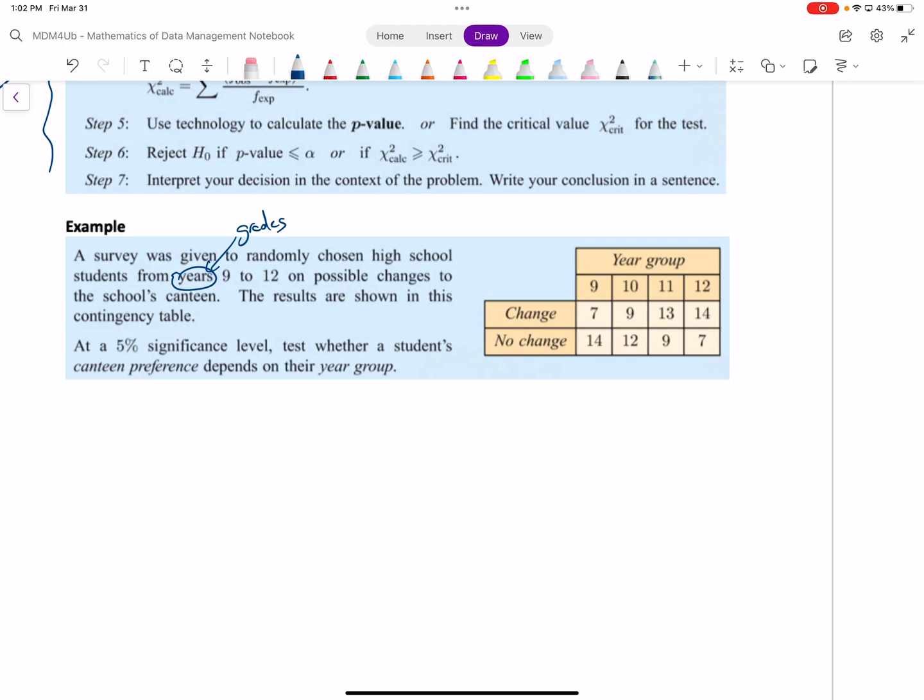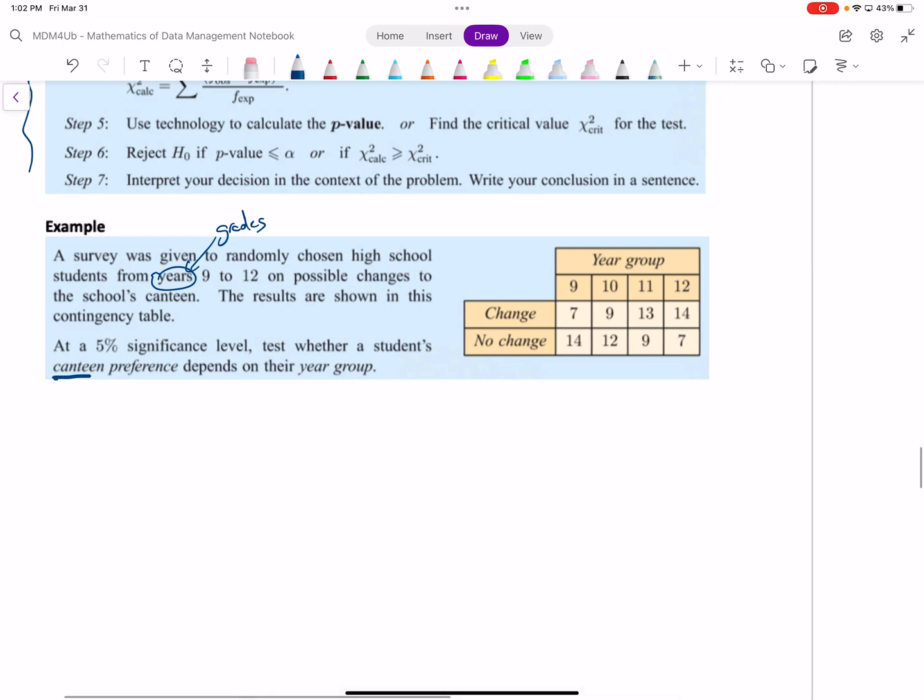It says at a 5% significance level, test whether a student's canteen preference depends on their year group or their grade. So we want to see, do grade 9s tend to want to change the canteen, or does grade matter at all? We're looking at whether or not the two things have any relationship, dependent or independent.